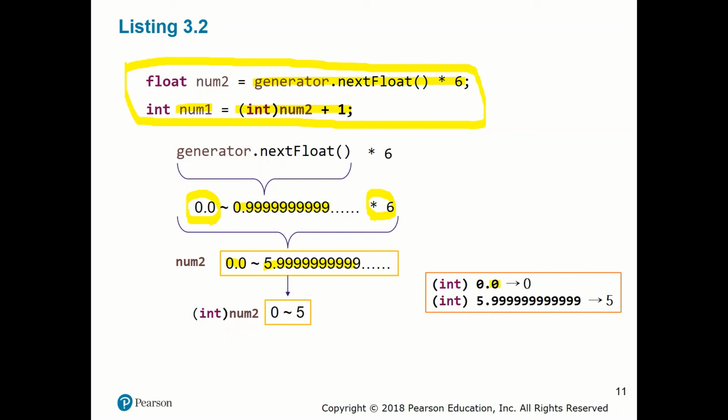So if I apply integer casting to 0.0, then 0 is the output. And if I apply integer casting to this number, then 5 will be the output. And then I need to add 1. So I add 1 to this number, then it will give 1 to 6.